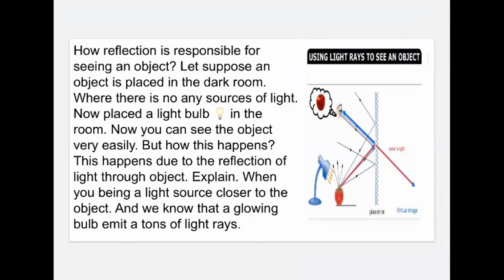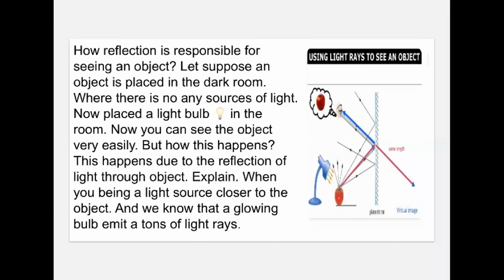Now suppose an object is placed in the dark. In the slide, with the help of an example, there is an apple placed in a dark room and one mirror is placed in front of it. If there was no light in the room, we would not be able to see the apple.